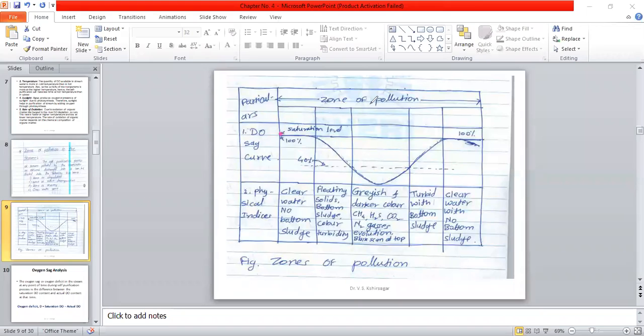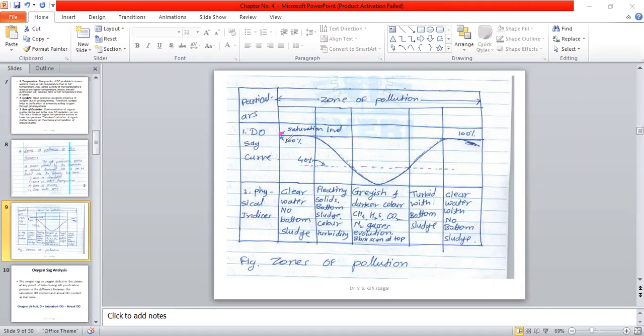This is the spot, but immediately it will not affect the quality of the existing river. Saturation level is written here. What is meant by saturation level? The river which we have selected for the disposal of sewage may or may not be a saturated one.